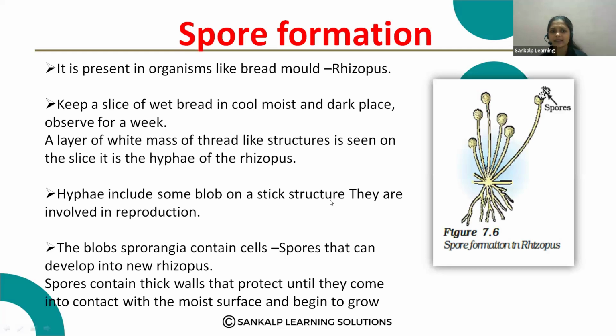And it is nothing but the hyphae of the Rhizopus, that is nothing but a growth of the Rhizopus on the bread. Okay. And hyphae include these thread-like structures, so these are called hyphae. And on this fungus, the blob-like structure, just observe this structure, is called a sporangia.